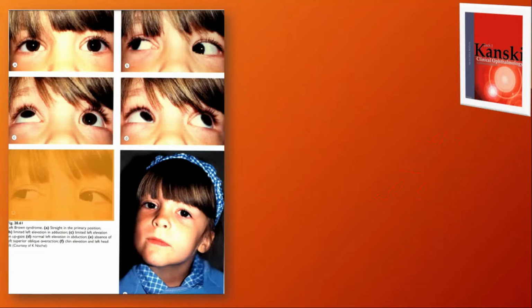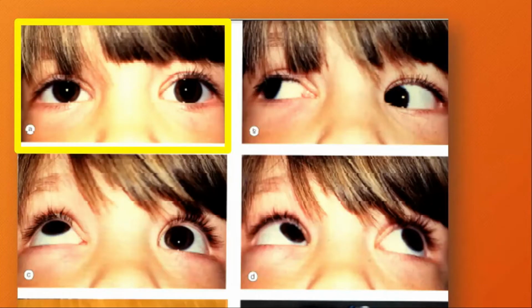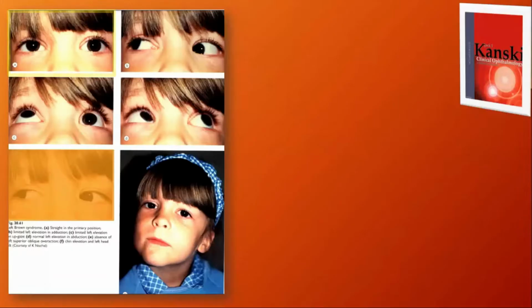Now coming to the primary position. The corneal reflex looks central to me. So the eyes are in orthotropic position in the primary gaze. It looks like an orthotropic patient. Coming to picture B, on dextroversion, there is some downshoot in the left eye, and widening of the palpebral aperture in the left eye.